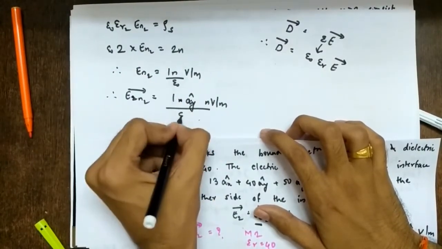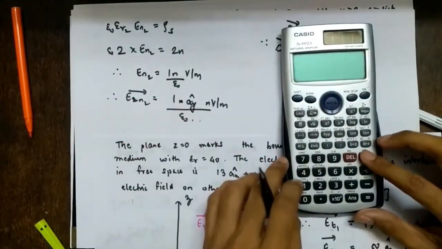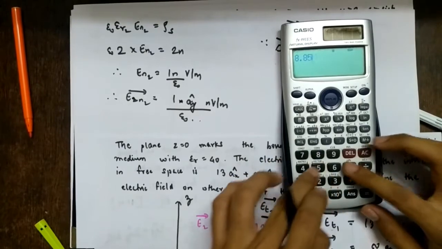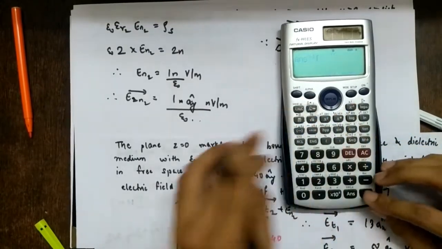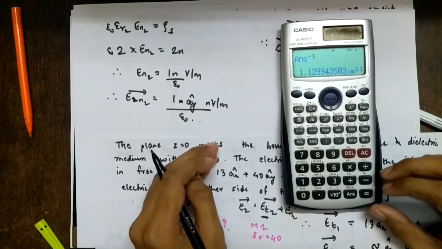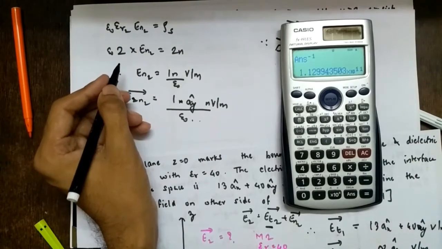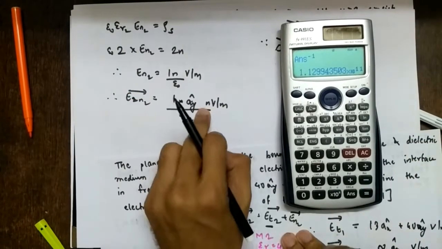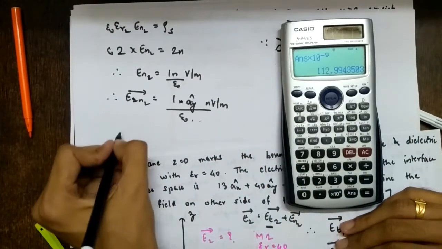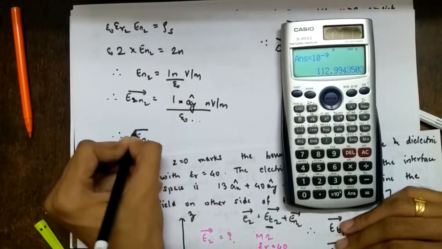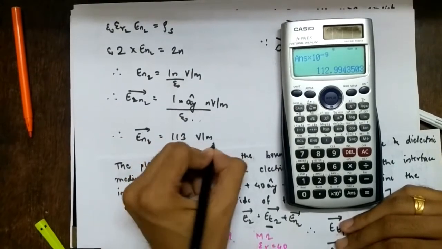So whatever is the answer divided by epsilon 0. So 1 by epsilon 0 means, what is epsilon 0? 8.85 into 10 raised to minus 12 inverse, right? So this is our answer for en2, and into 10 raised to minus 9, so 112.99. So therefore en2 vector equal to, I can approximate it to be 113 volts per meter, right?